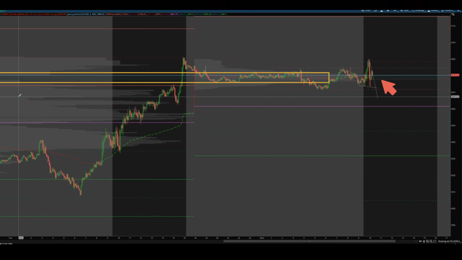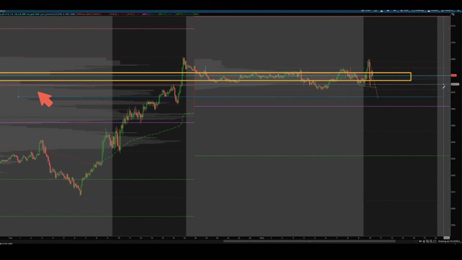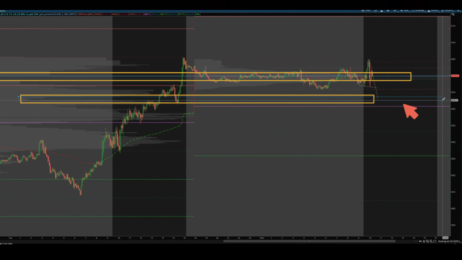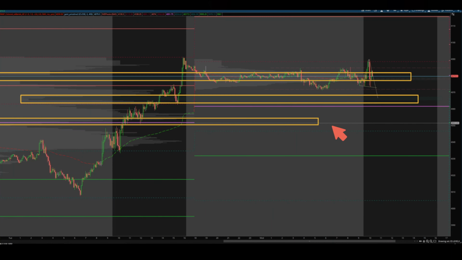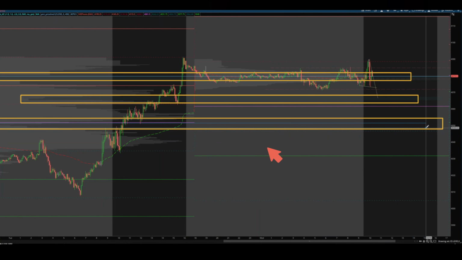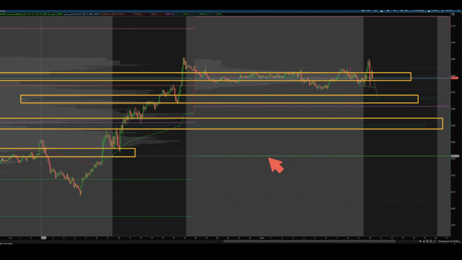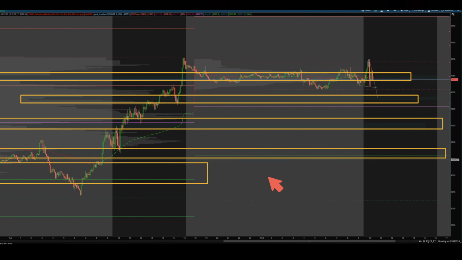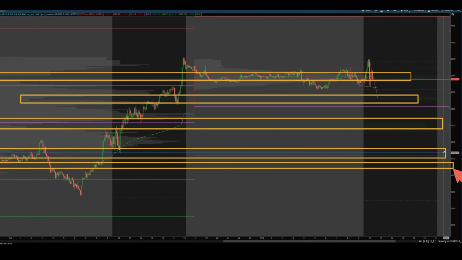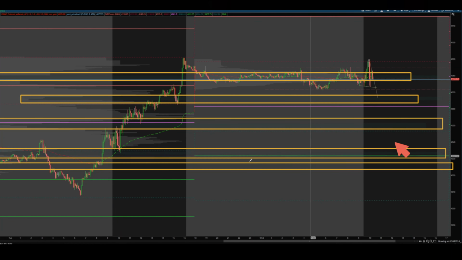So I mark these areas, one here, and I am marking another one here, another one right here, and we have one more below here, this level here, and we have another one here that I'm not sure the price needs right now. And this is the last one here.